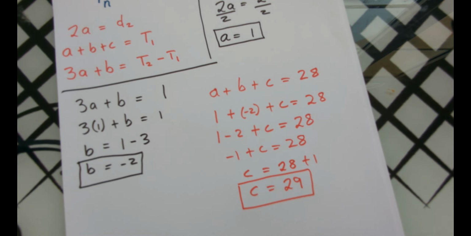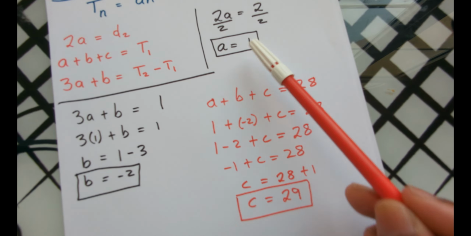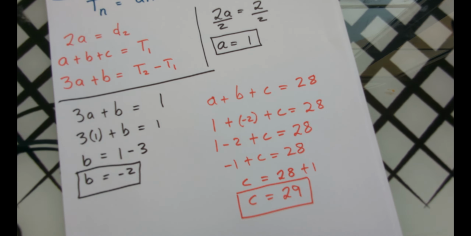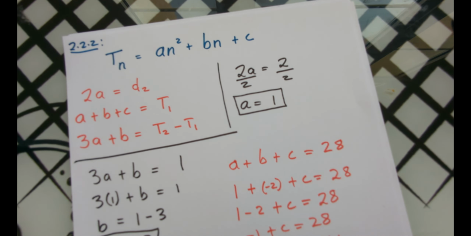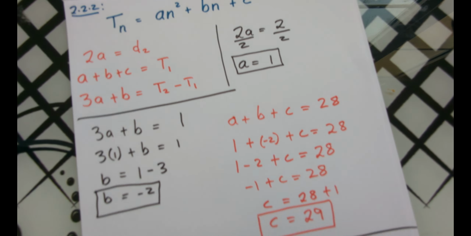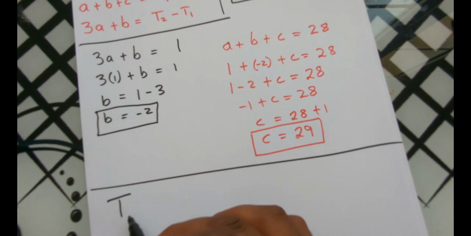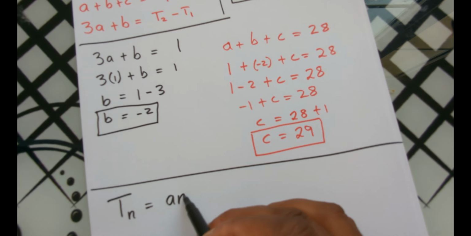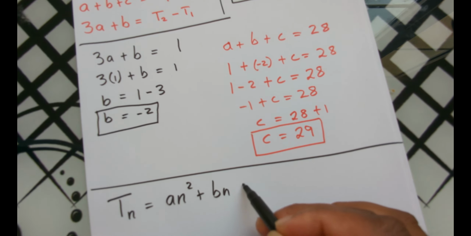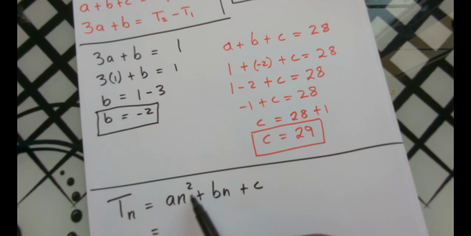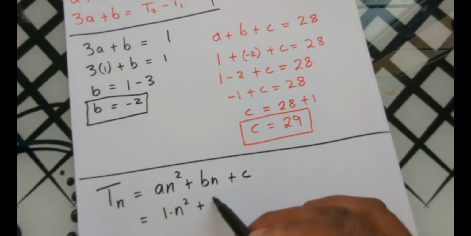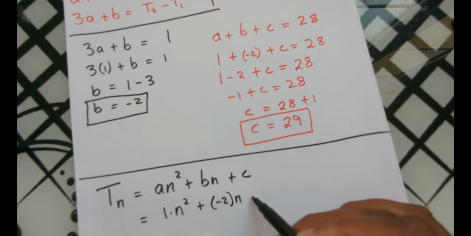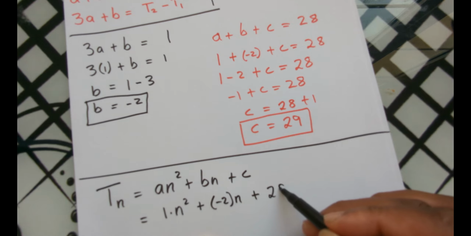So we now have all the values that we need. A is 1, b is minus 2, and c is 29. Now let's write our general term of our quadratic pattern. So it will be Tn is equal to An squared plus Bn plus C, which is equal to, our A is 1 multiplied by n squared plus our b is negative 2, we put negative 2 multiplied by n plus our c is 29.